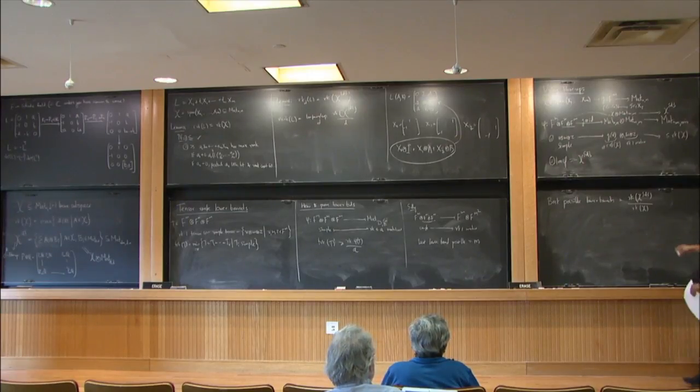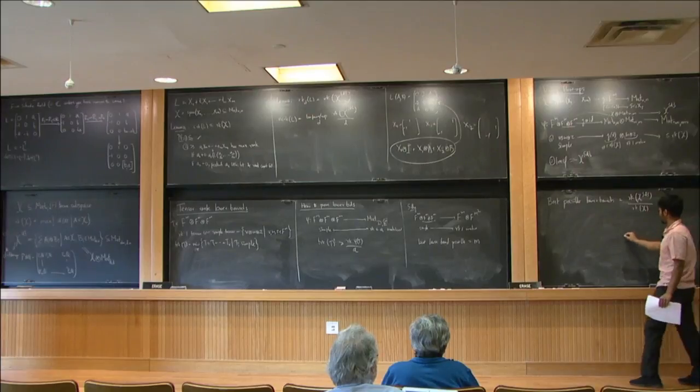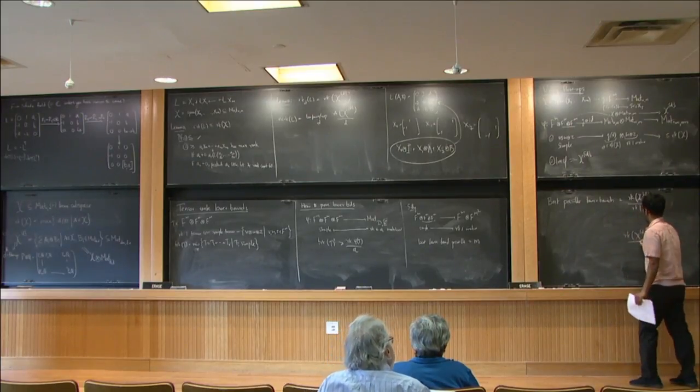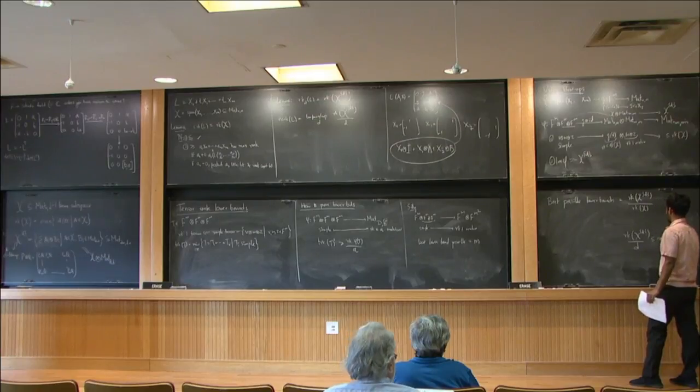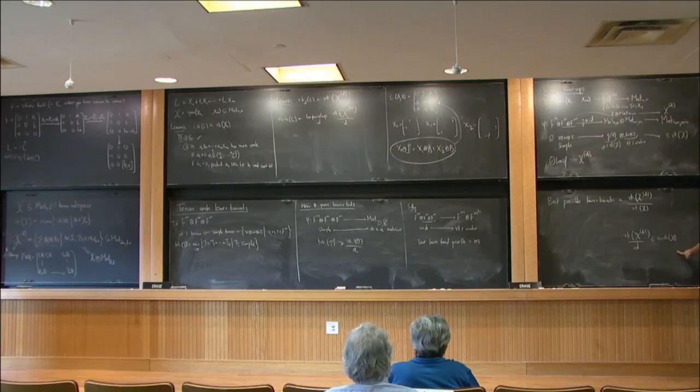Now, let's see. This is the blow up rank of D. We know that this over D is going to be less than or equal to the non-commutative rank. Okay. Maybe I didn't define non-commutative rank for the linear subspaces, but you can create the linear matrix and take its non-commutative rank, and it's the same definition.